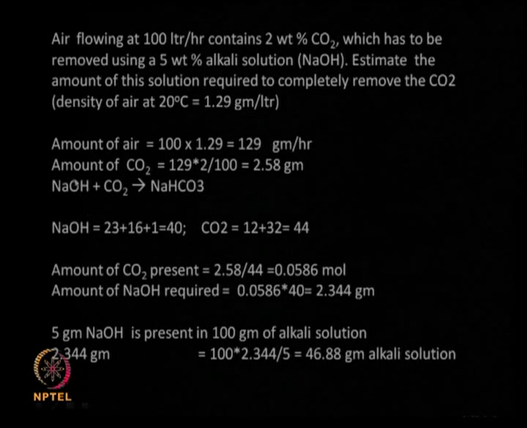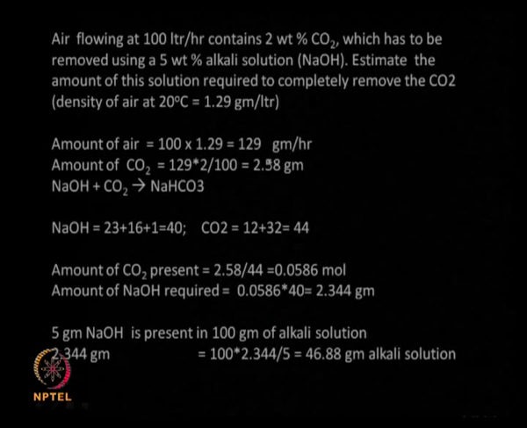So 1 mole of sodium hydroxide is required for 1 mole of carbon dioxide. If you look at the molecular weight of sodium hydroxide, sodium is 23, oxygen is 16, hydrogen is 1, so that comes to 40. Carbon is 12, oxygen is 16, so that is 44. So the molecular weight of sodium hydroxide is 40, and the molecular weight of carbon dioxide is 44, right.